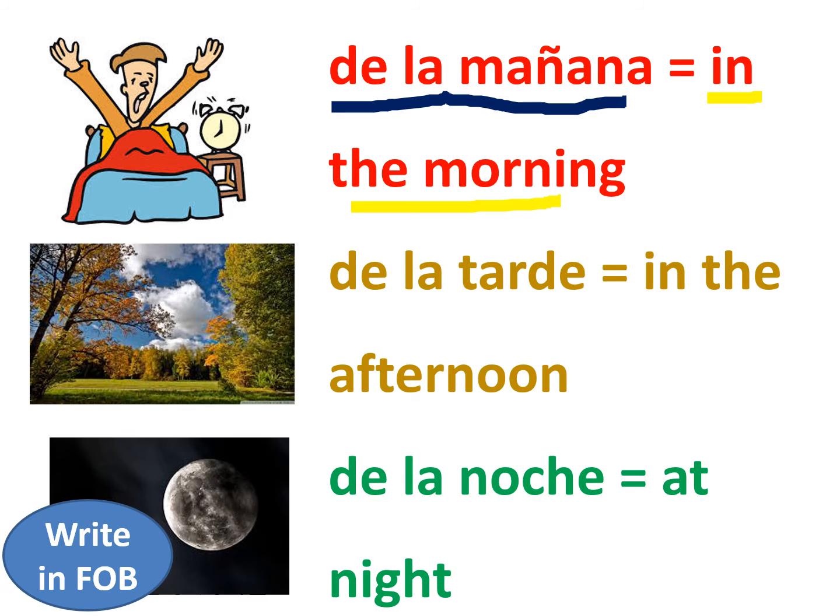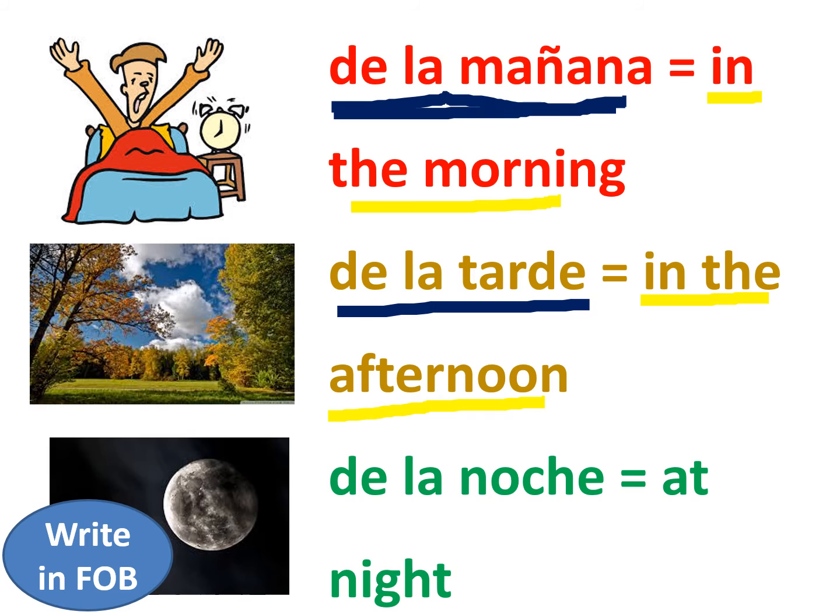In the afternoon or in the evening is translated into Spanish as de la tarde. We follow the same structure as de la mañana, but we have changed mañana, which is morning in Spanish, for tarde, which is afternoon or evening in Spanish.